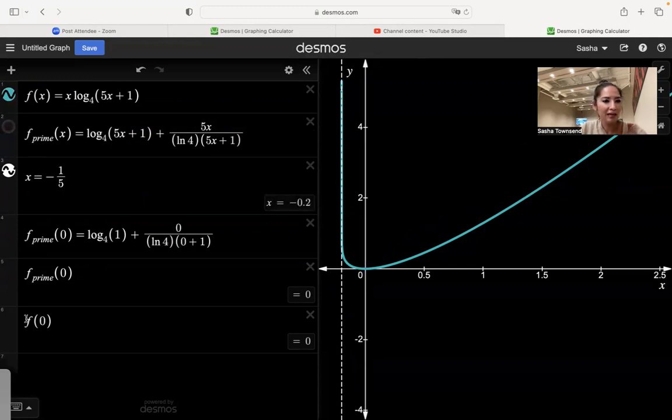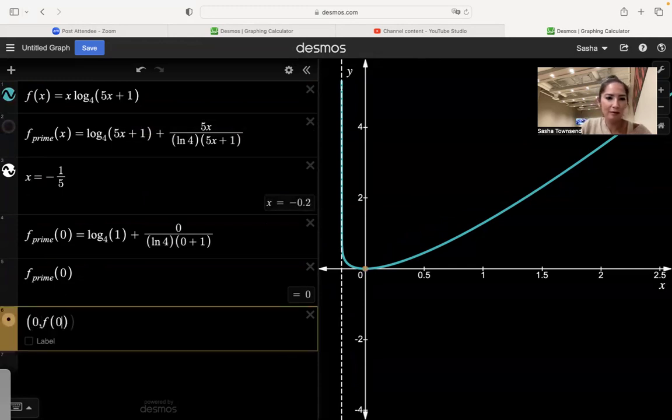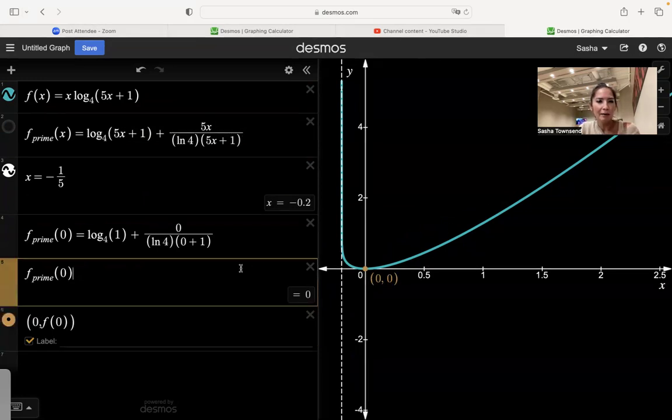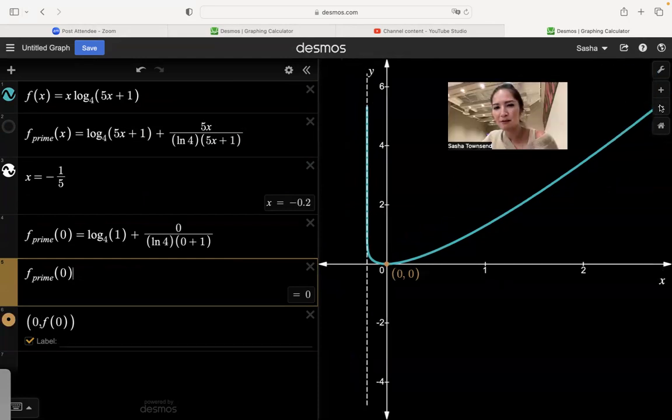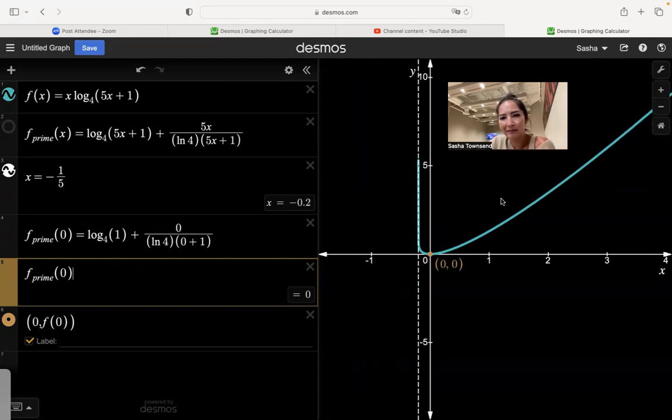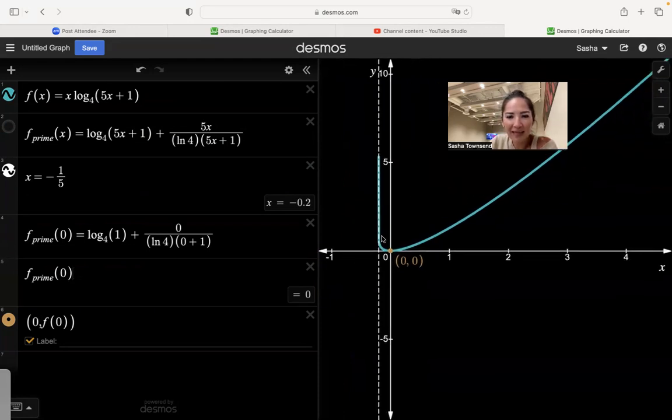If we plot the point at 0, 0, the function's decreasing until we get to 0, 0, then it's increasing to the right of 0, 0. The graph is concave upward the whole time. So that's what our function looks like. It's not particularly interesting. As x approaches negative 1/5 from the right, the function goes to infinity. As x goes to positive infinity, the function goes to infinity as well.